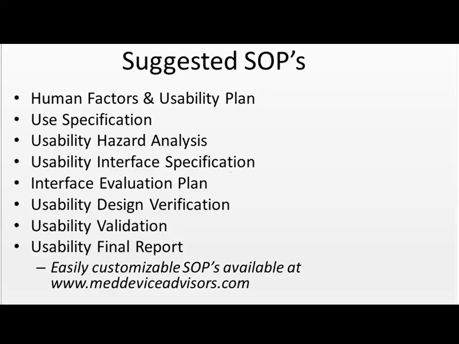The SOPs that you should have are: how to describe the human factors and usability plan, how to create a use specification, how to do the usability hazard analysis, how to create the usability interface specification, how to create the interface evaluation plan, the design verification and validation, and how to create the usability final report.